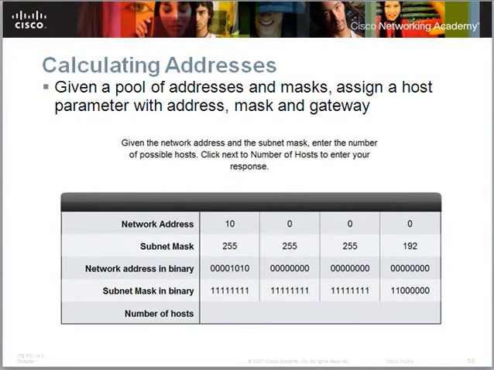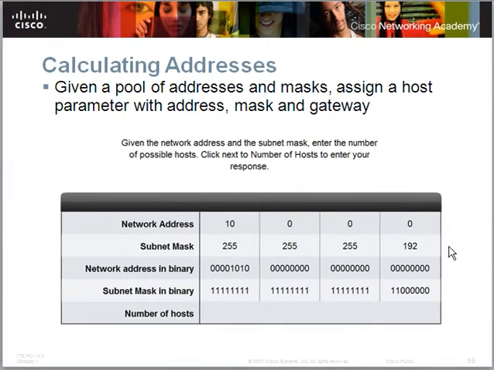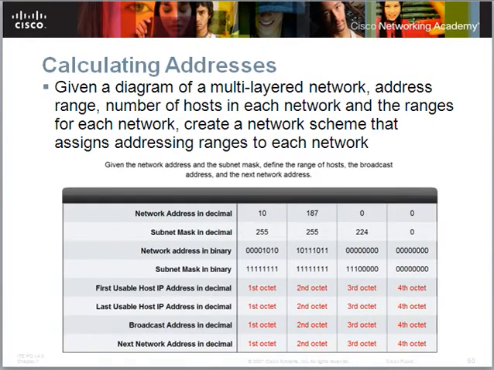Now this is the next one, given a diagram of a multi-layered network, address range and all those things you have to calculate. So this is the second one. It is given 183.26.103.215/30.